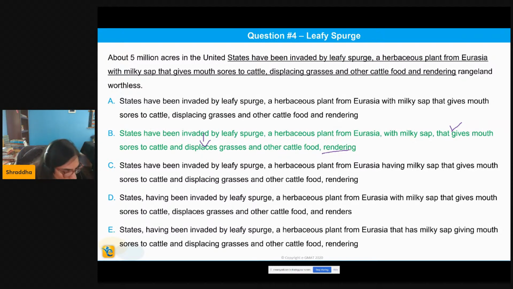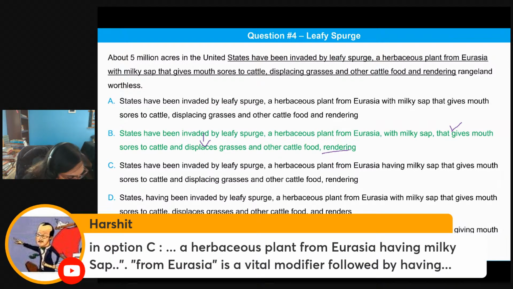Okay. Harshit, in option C, a herbaceous plant, Eurasia, having milky sap, I linked having to Eurasia, so a comma should not be there before it. So, Harshit, as I told you right in the beginning, every modifier must have a logical modification. If you go by the analysis that you have made, then none of the answer choices will make any sense to you.